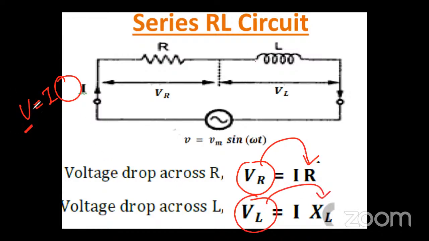लेकिन अगर मुझे टोटल सर्किट का वोल्टेज फाइंड आउट करना है as Ohm's law, तो टोटल सर्किट का वोल्टेज, टोटल सर्किट का करंट, टोटल सर्किट का रेजिस्टेंस. लेकिन यहाँ पे क्या आएगा?